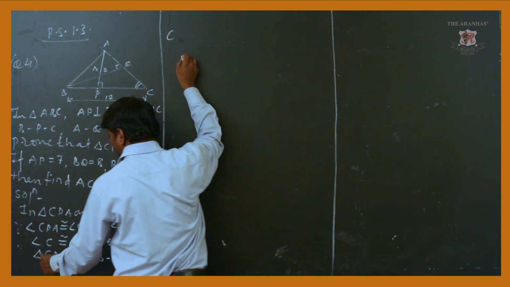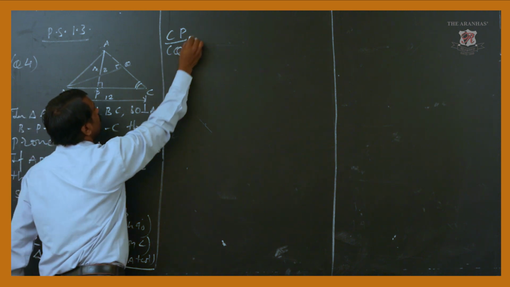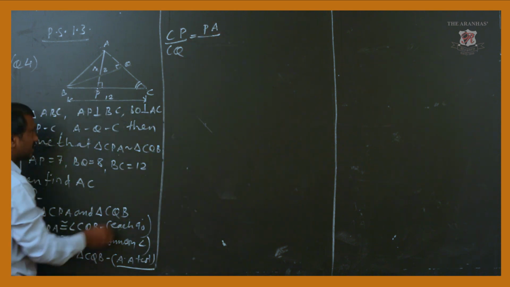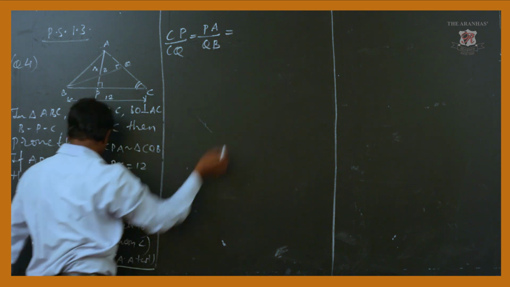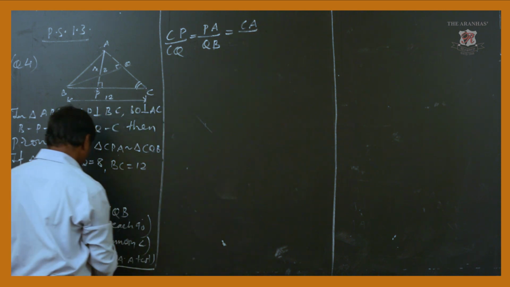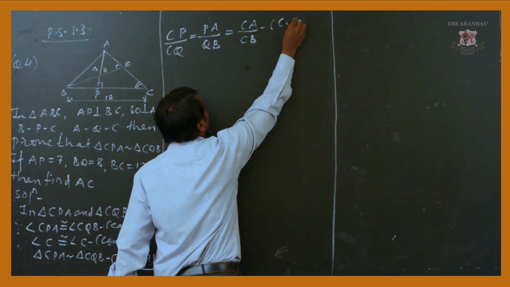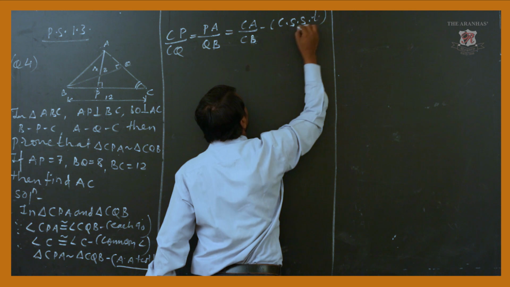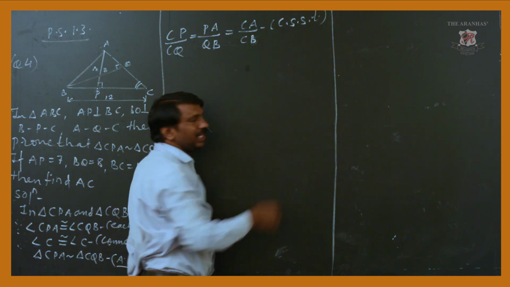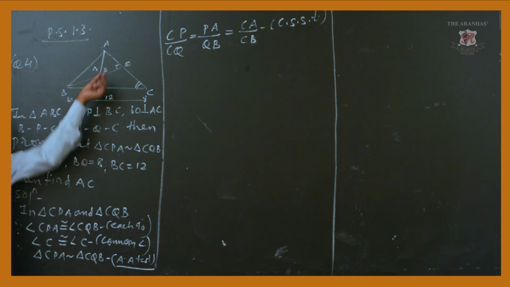Here we have CP upon CQ, which is equal to PA upon QB, and the remaining side, three corresponding sides, CA upon CB, and we will write the reason: corresponding sides of similar triangles. Listen everyone, I mention the short form CSST, corresponding sides of similar triangles. When two triangles are similar, the sides are in proportion.